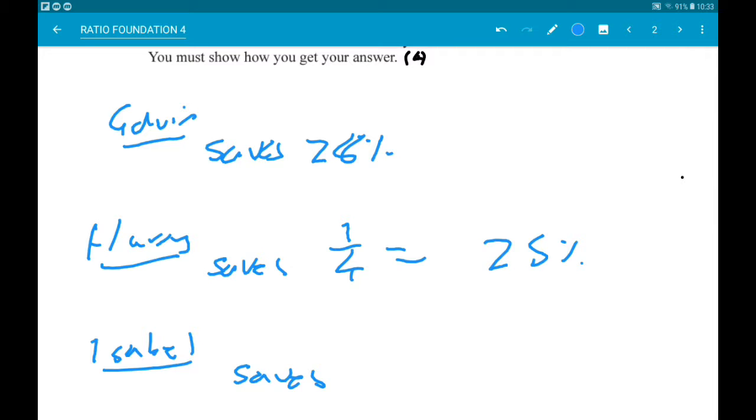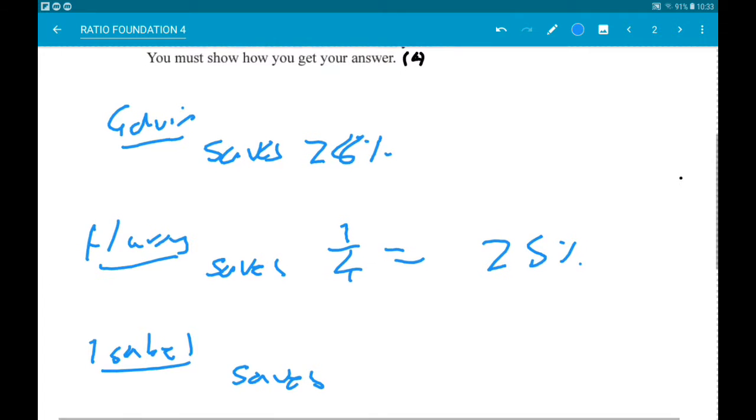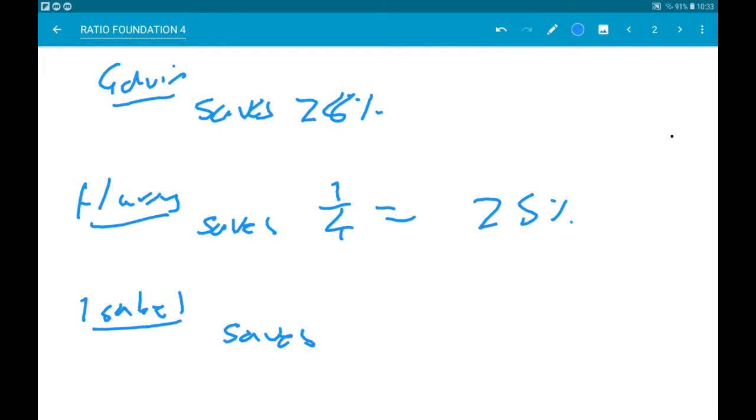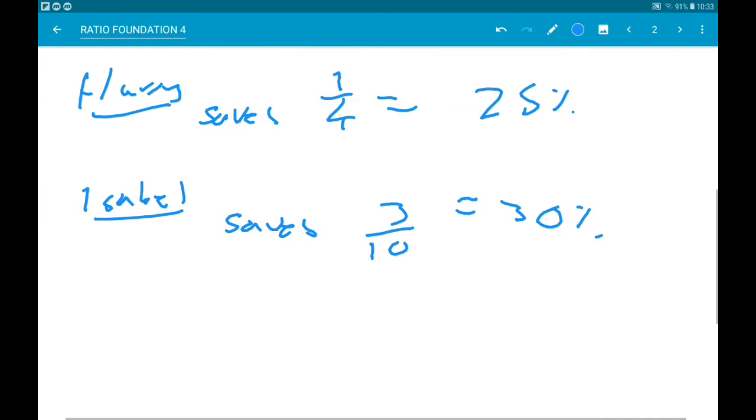She saves 3 of them, so she saves 3/10. Now 3/10 as a percentage is 30%. So Isabel saves the most.